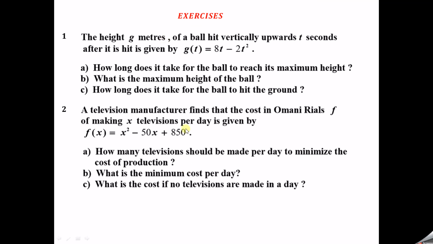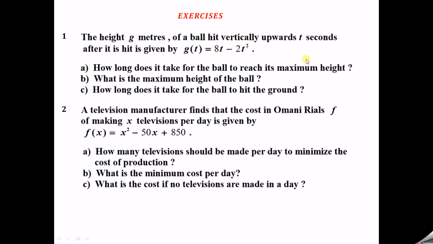Now these are the problems in the exercise. Here the height of a ball hit vertically upwards, t seconds after it is hit, is given by g(t). So the height is given by this equation: g(t) is 80 minus 2t squared, which is a quadratic function again, and t is the independent variable. In place of x we have t here.